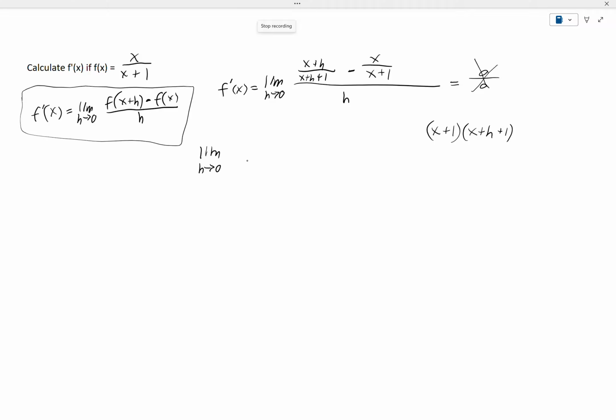Limit as h goes to 0 of, I'm going to multiply this first term on the top and bottom by this factor right here, x plus 1. In the denominator, it already has this second factor right here.